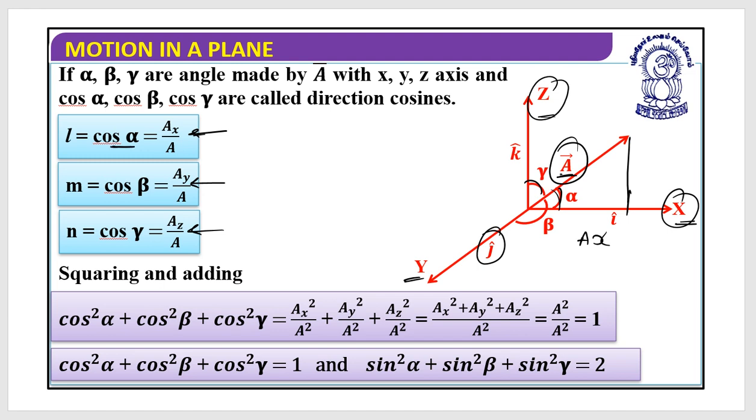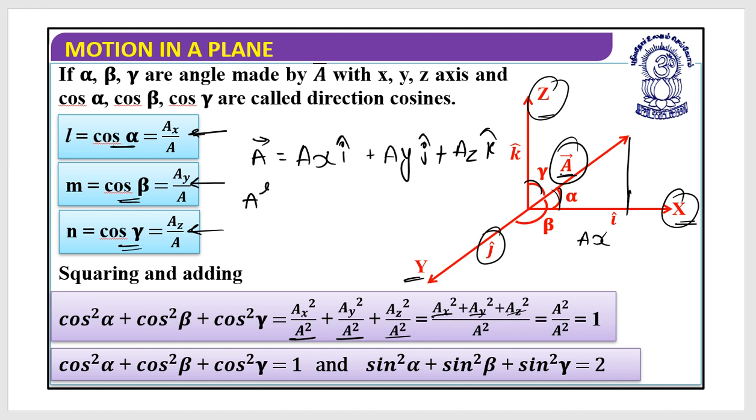So if I just add these by squaring, cos square alpha plus cos square beta plus cos square gamma would be Ax square by A square plus Ay square by A square plus Az square by A square. Now what is A? My A was Ax i cap plus Ay j cap plus Az k cap.